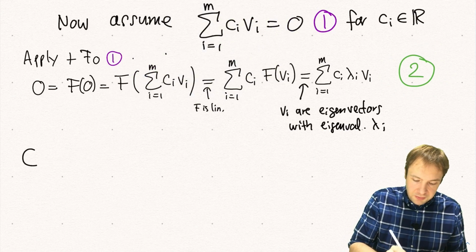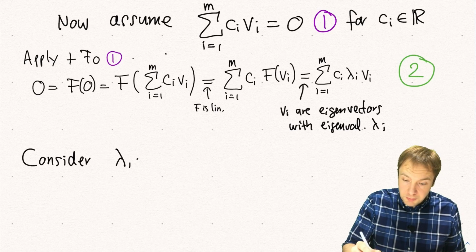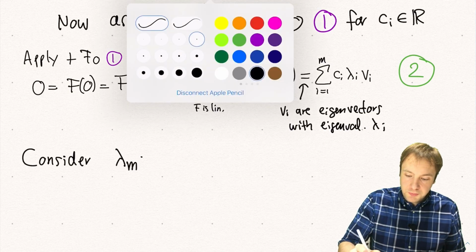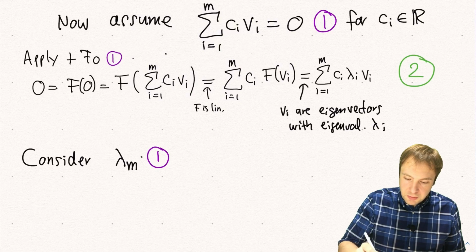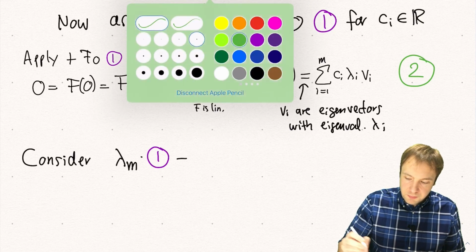So consider lambda m times the first equation minus the second equation.